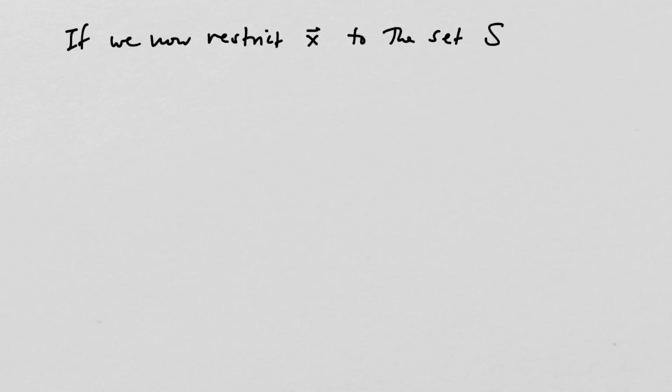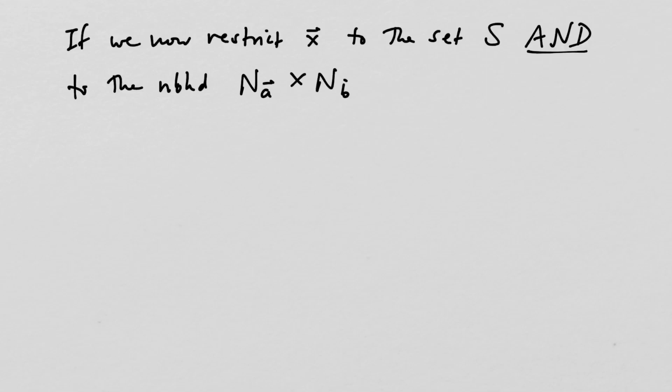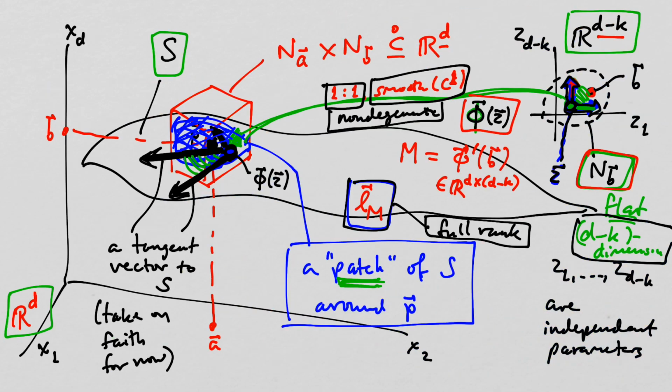The first thing to notice is that if we now restrict the point x to the set S and to the neighborhood N_A cross N_B of the point P in S. So in other words, back to our picture, I'm restricting the point x to be on this patch.